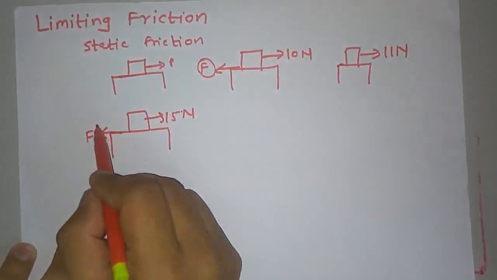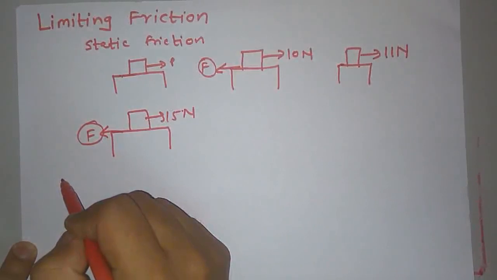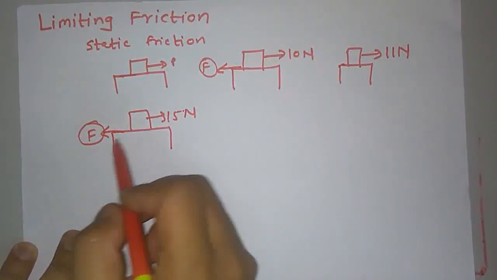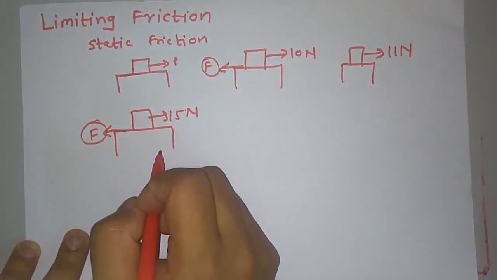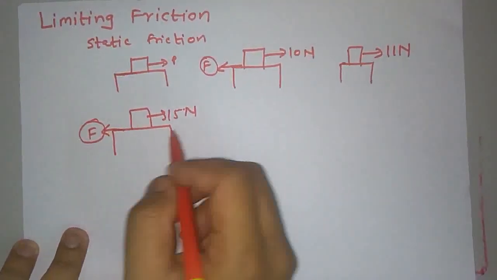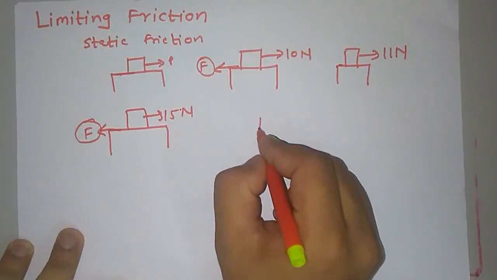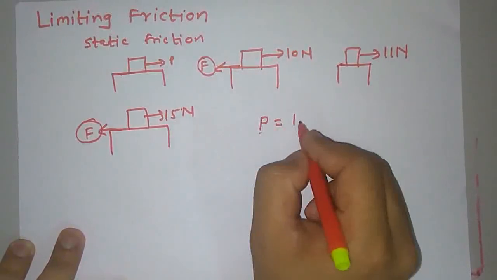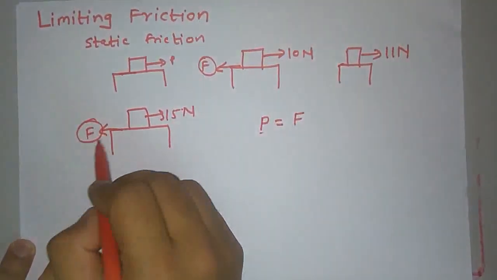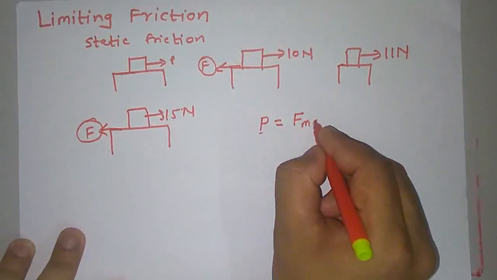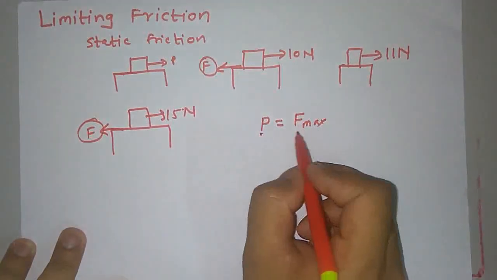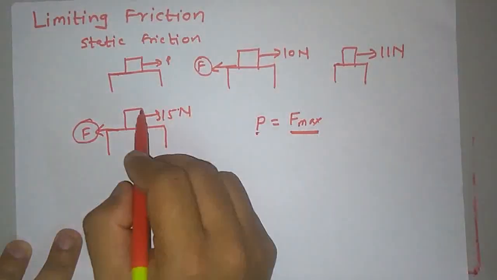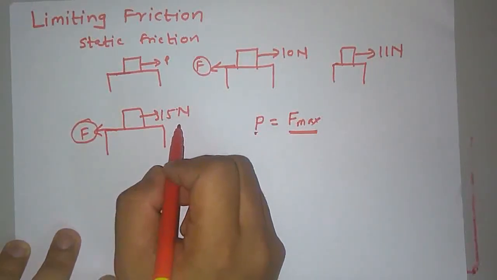But there is a limit to this frictional force, and if you cross this limit, the block will start to move. The block will start to move when the applied force P reaches the maximum value of frictional force, that is F max.